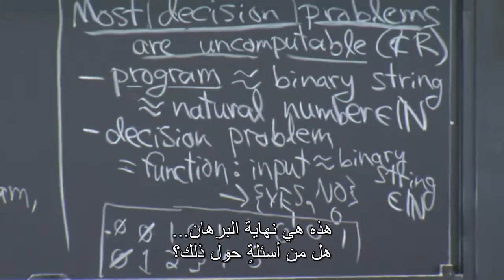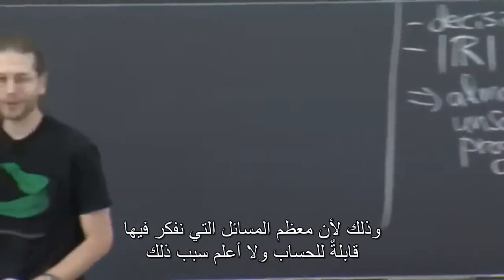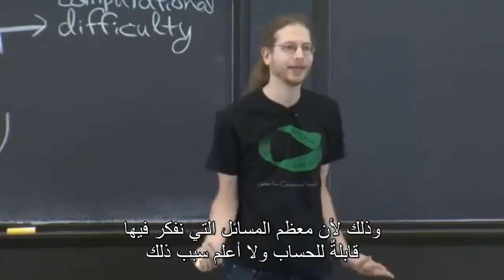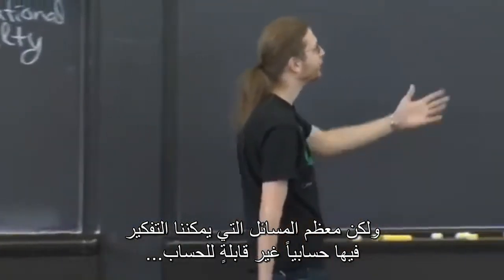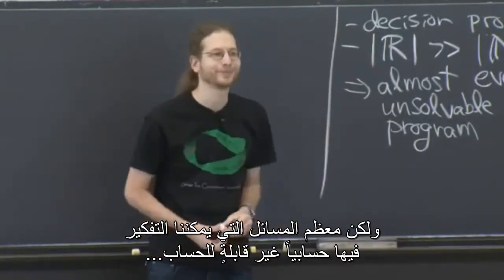Any questions about that? It's kind of weird, because yet somehow most of the problems that we think about are computable. I don't know why that is. But mathematically, most problems that you could think of are uncomputable. Question?